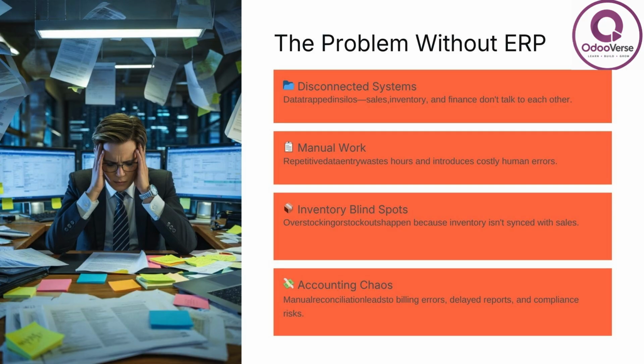The third issue is inventory problems. Because the inventory is not connected with sales in real time, businesses may face overstocking or stock shortages. And finally, accounting becomes difficult. Manual billing and reconciliation can create invoice mistakes, delayed reports, and compliance issues. So without ERP, managing business operations becomes slow, confusing, and inefficient.